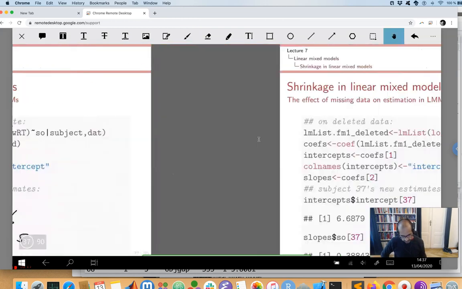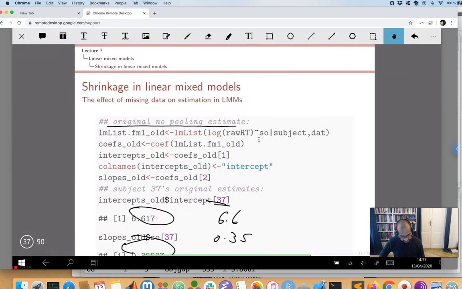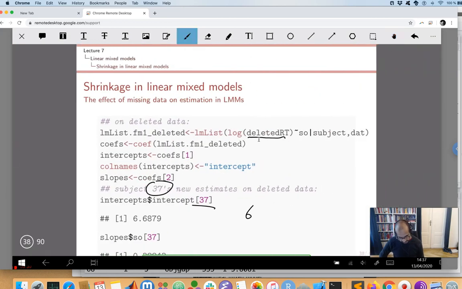Now I can do the same computation, fitting a separate linear model using the deleted data over all the subjects, but what I'm interested in is subject 37. So let me extract the intercept and slope for subject 37. Earlier the intercept was 6.6. Now the intercept is 6.8, much slower. Oh, sorry.